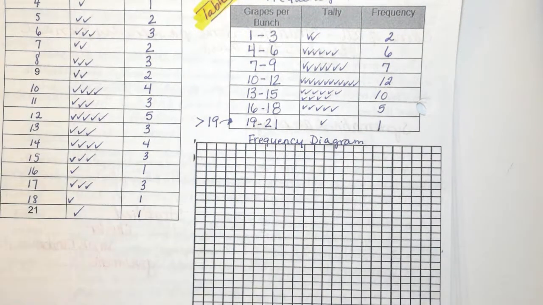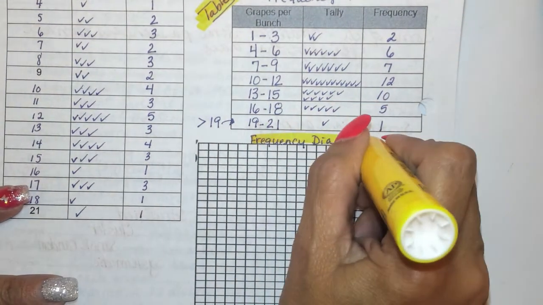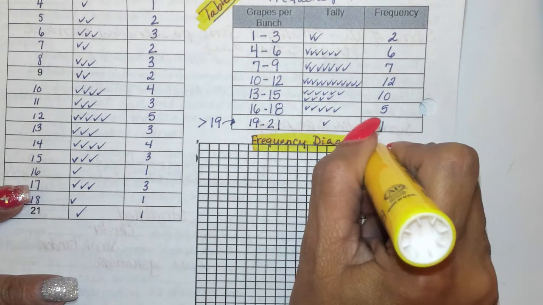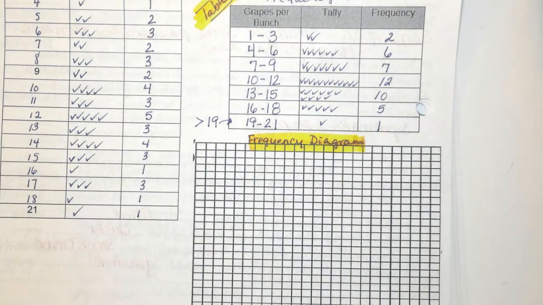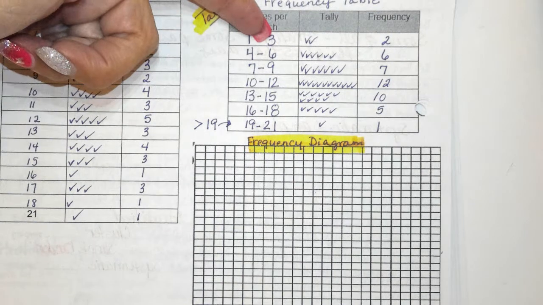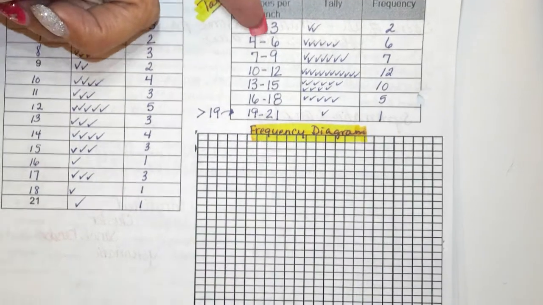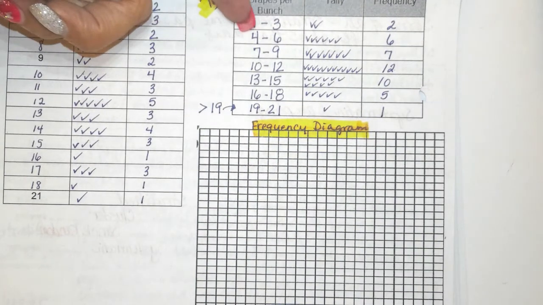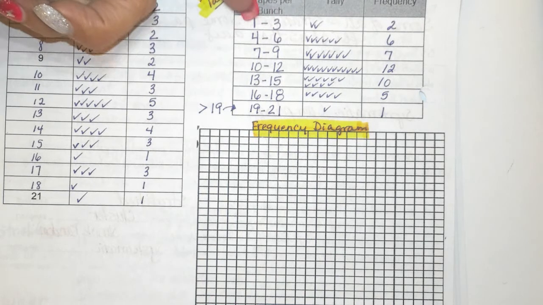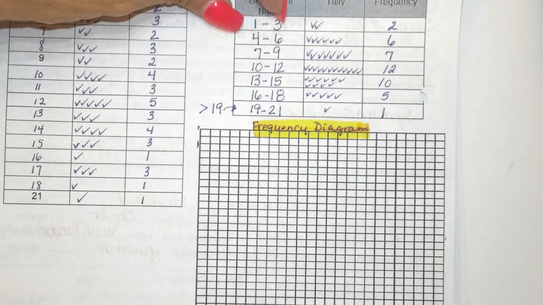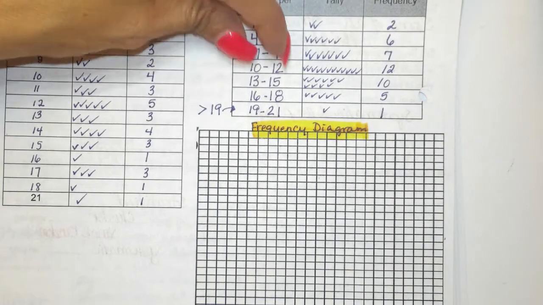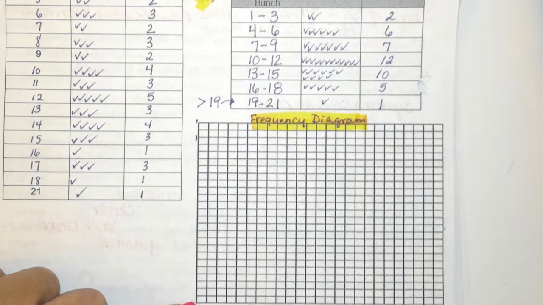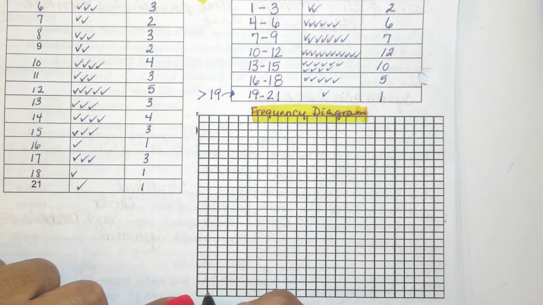Here's the thing to know. In a frequency diagram, if you go to make one, it needs to be proportional. What I mean by that is my bins, I need to be sure. Do you notice how 1 to 3, it's 3 bins big, 1, 2, 3. The distance here is 3 units in each one. I want to make sure down here when I do this that I'm particular about that too.